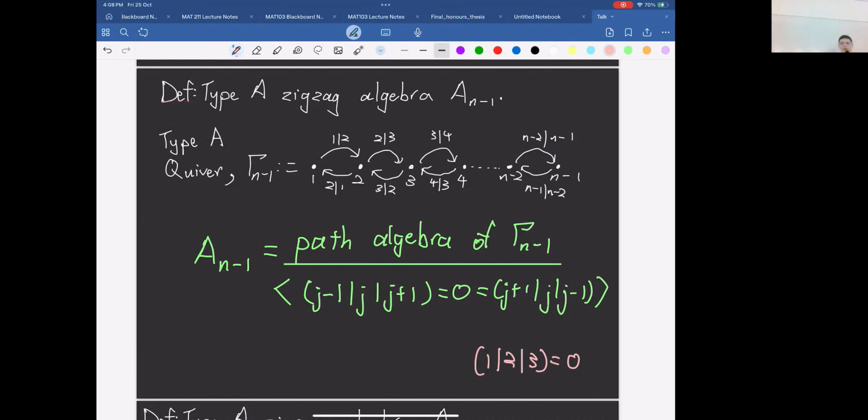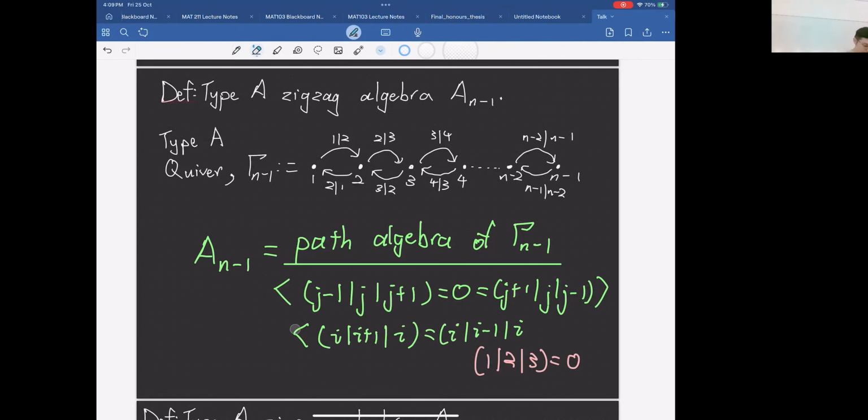So we cut out length 3 paths. The other relation is that we identify the loops: identify (i, i+1, i) to be (i, i-1, i).